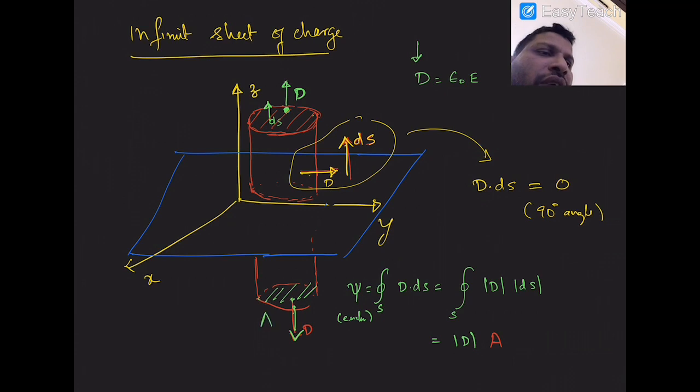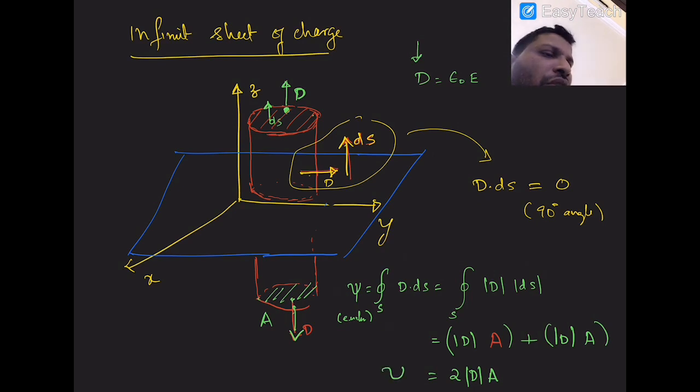The area is again A. So the total will be the magnitude of D into A plus the magnitude of D into A. It is because we have two surface areas. So this becomes 2 times magnitude of D into A.